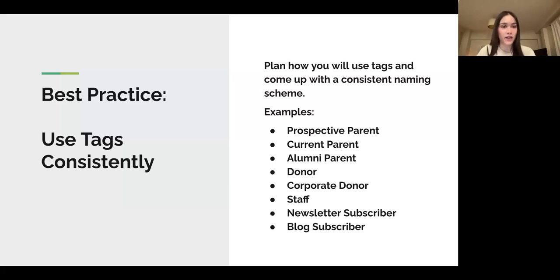Then maybe you had a great experience with that family and you still want to keep in touch with them. Maybe you want to have a future testimonial, or you never know, you might want to have a parent ambassador or student ambassador. You can then switch them to an alumni parent tag. So all of these are options: donor, corporate donor, staff, newsletter subscriber, blog subscriber.